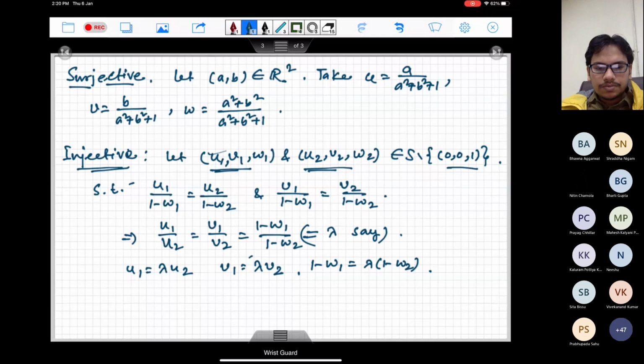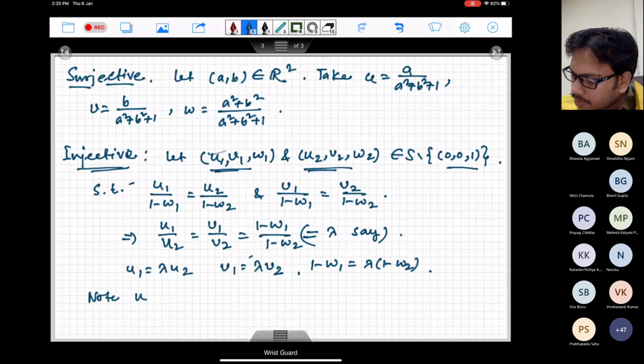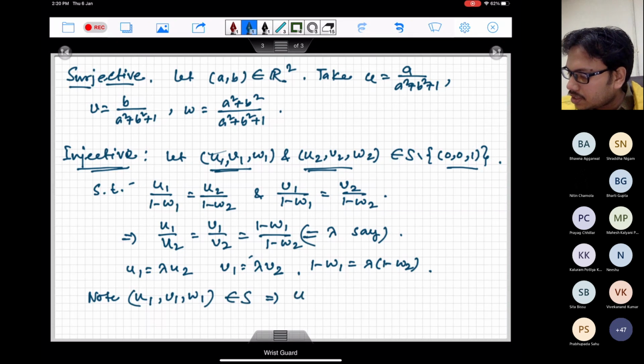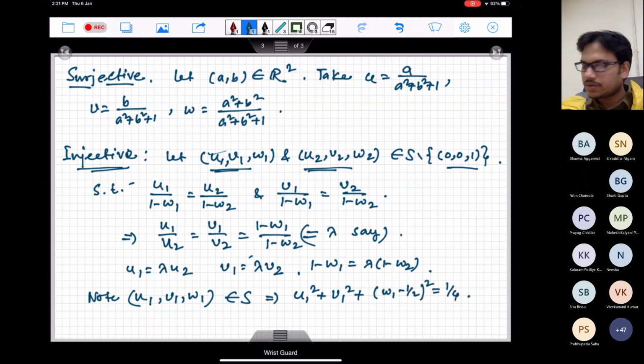Now the point is, the point u1, v1, w1 lies in the set S. So that implies u1 square plus v1 square plus w1 minus half square is equal to 1 over 4.